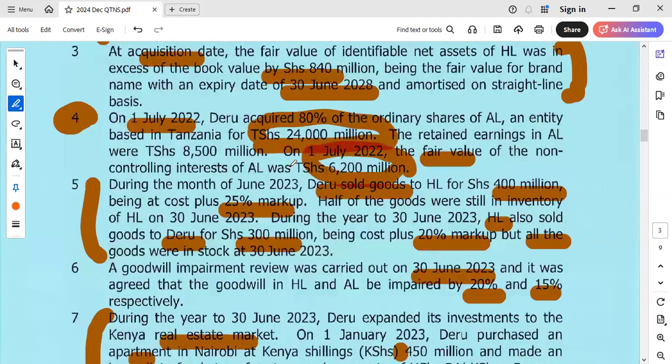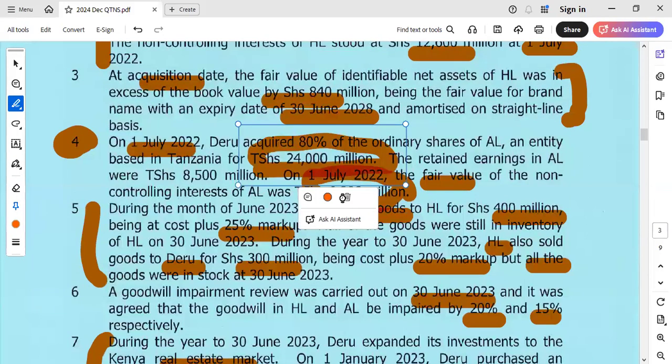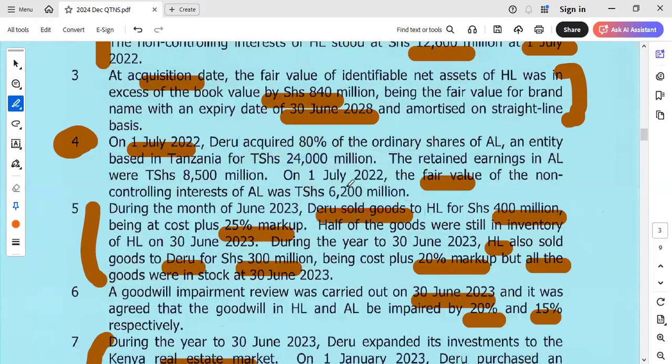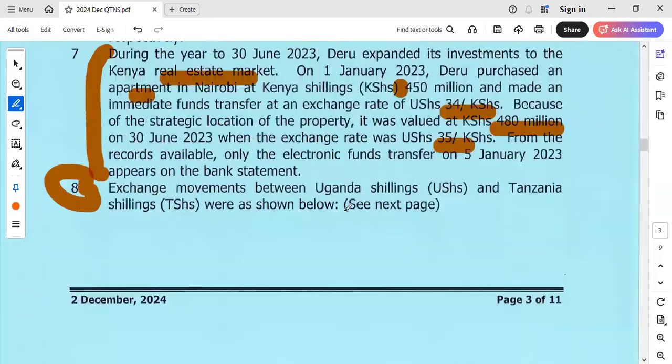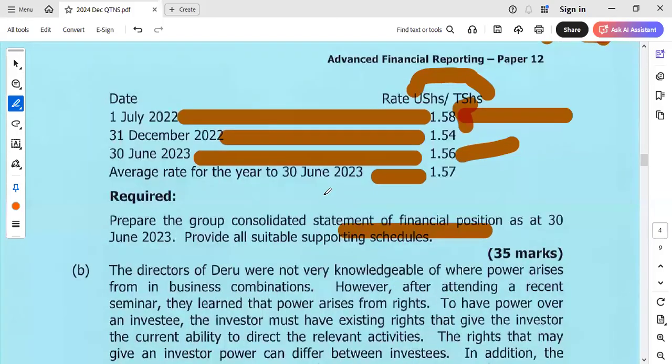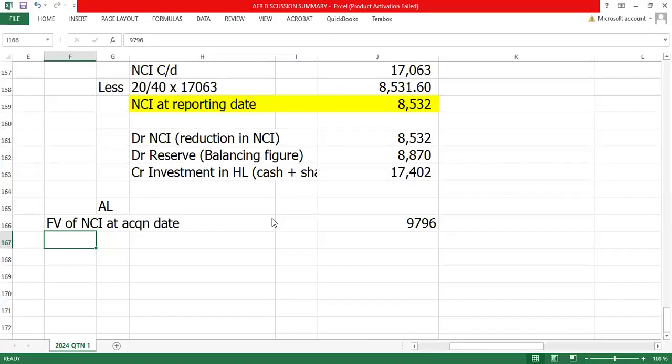We are getting 6,200 times 1.58, which is giving us 9,796. Okay, then you add. We first do it in dollars and translate everything.